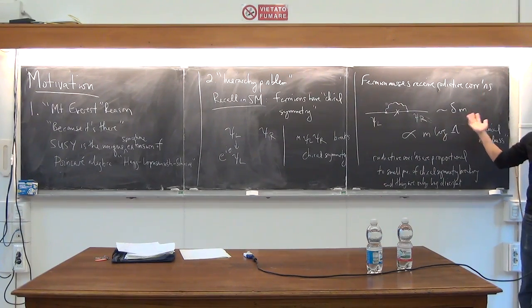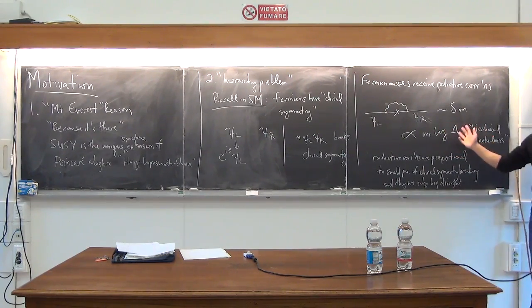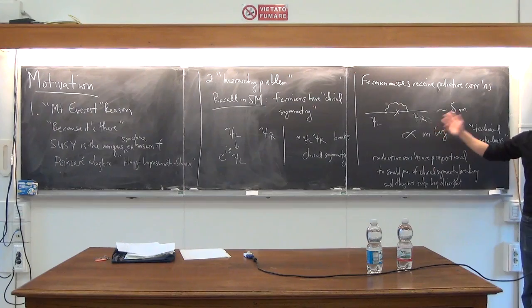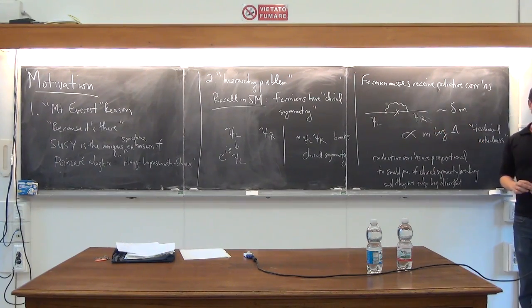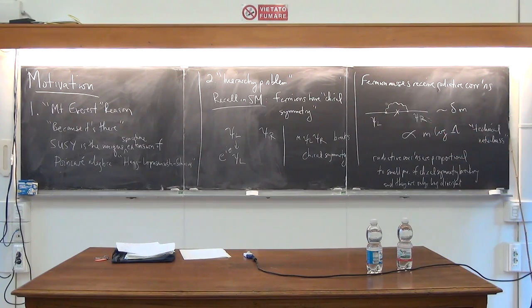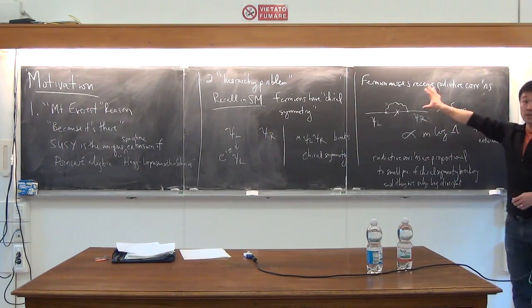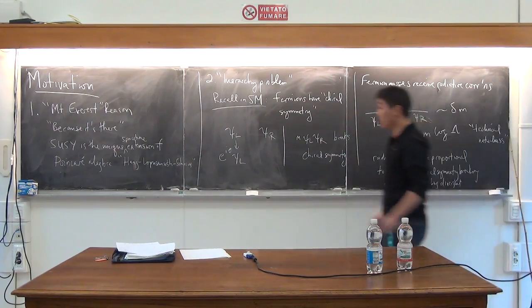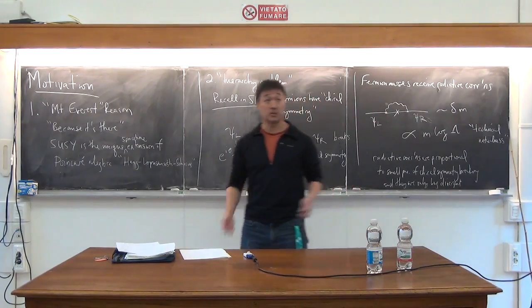Okay, so that could be the Planck scale. Okay, but even if it's the Planck scale, the log of a Planck scale is a relatively small thing. Okay, and if this n is small compared to the Planck scale, this will continue to be parametrically small compared to the Planck scale. Okay, so that is what goes by the name technical naturalness, and that is a well-known and very nice property of the fermion masses in the standard model. And more generally, any fermions in any QFT.